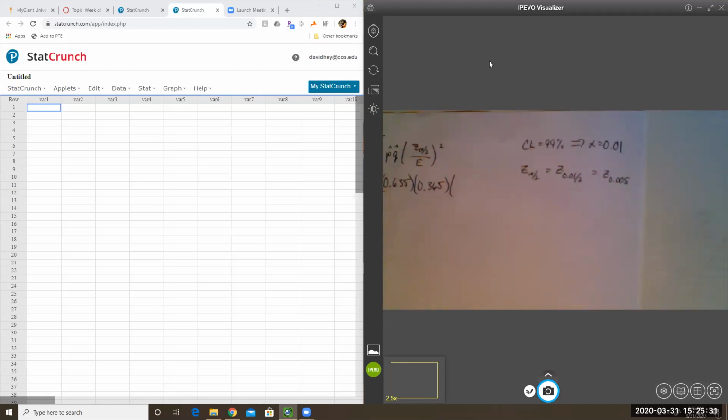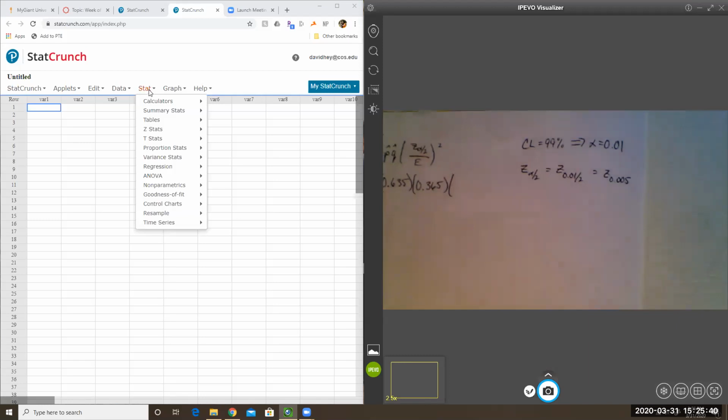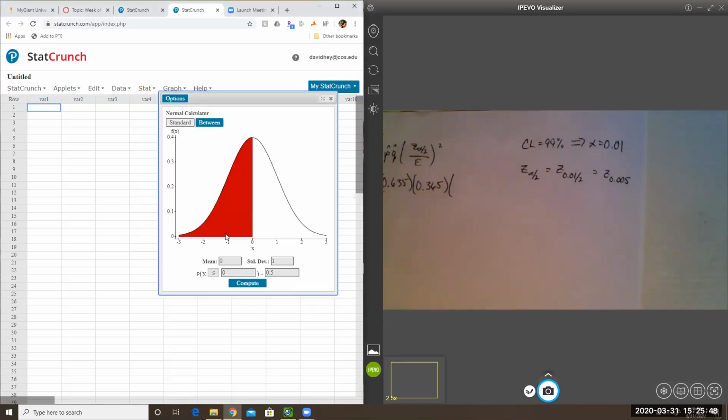So we can go to StatCrunch and figure out what that number is. Going to StatCrunch, we would use the normal calculator: stat, calculator, normal. We leave the mean and standard deviation at 0 and 1 respectively.